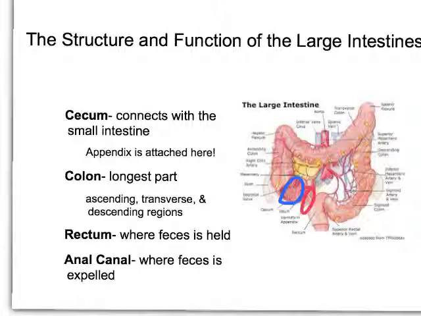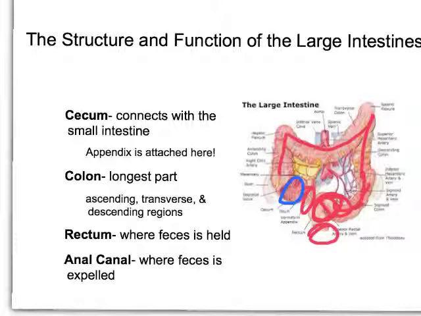Then we've got the colon, and the colon can be further segmented into the ascending, transverse, and descending colon. And then down here we've got the sigmoid colon, then we have the rectum, okay, in this part here, and the anal canal, where the feces is eventually expelled out of the body.